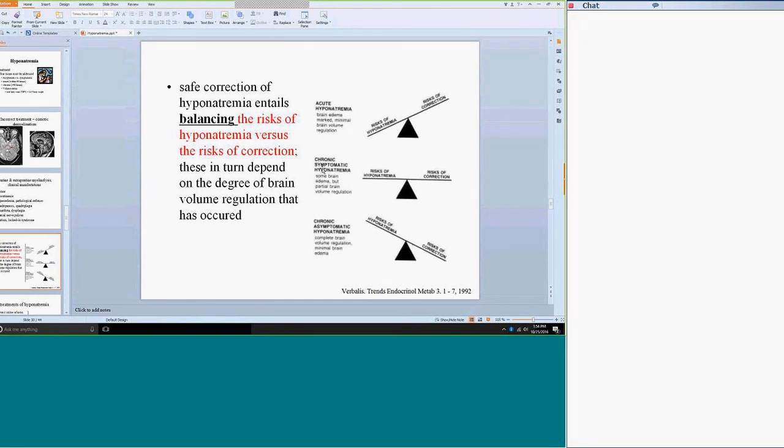Chronic symptomatic hyponatremia is a balance, but in the asymptomatic patient, say the sodium is 110 in the clinic, I know you probably need to admit if sodium is 110, but you'll have to be a bit cautious on treatment.